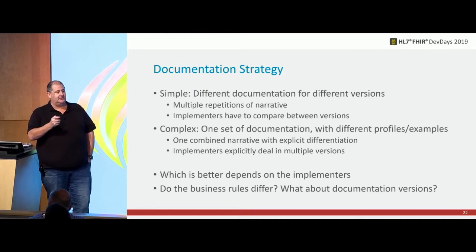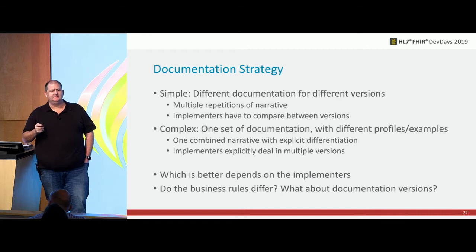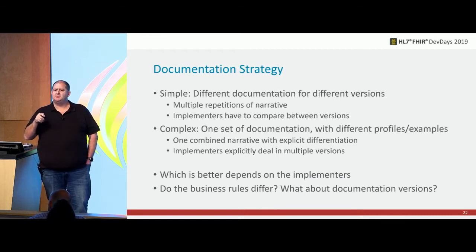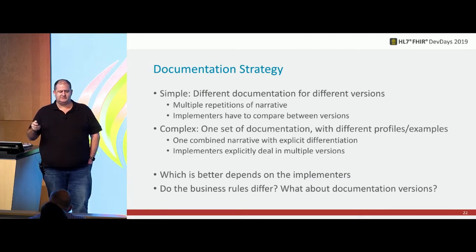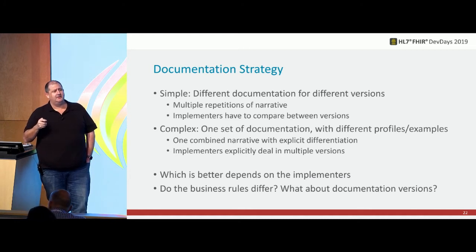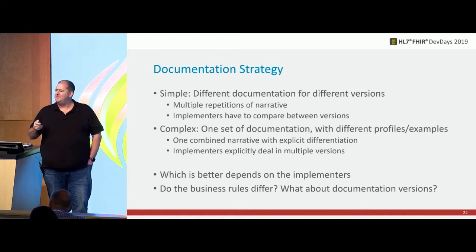But one thing I call out, I've seen a lot of implementers who come to me and go, but you don't understand, my business rules change between FHIR versions. Why? Why did you hook up your business rules to an external version of the specification? It's like an anti-pattern, but a lot of people come to me and say, that's how we work.